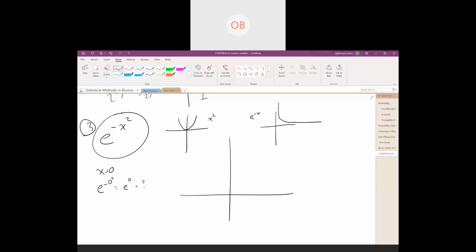Anything to the 0th power is 1. It's e to the 0th power, so it's 1, not 0. So here we have 0, 1. That's x equals 0, and y is equal to that.